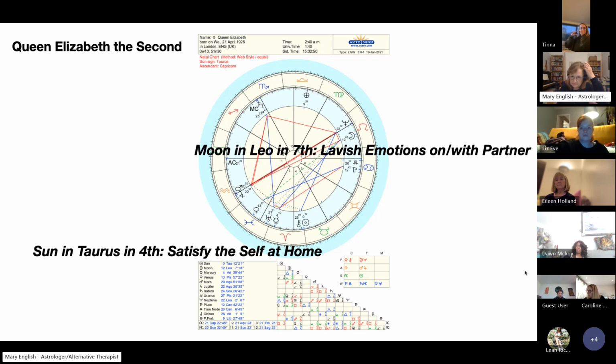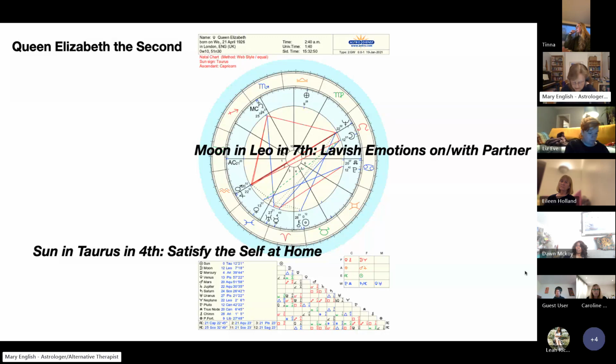So here we have Queen Neat again, Moon in Leo in the 7th. So lavish emotions on or with your partner. Now, she was very attached to Prince Philip, her other half. They made a good combo. They stayed together for a hell of a long time. And I think she quite astutely lived her Moon in Leo in the 7th.